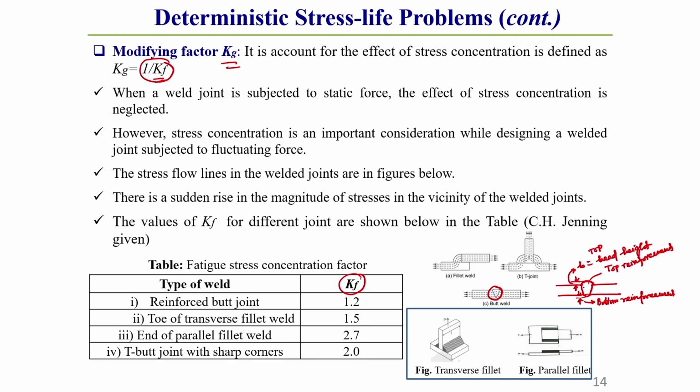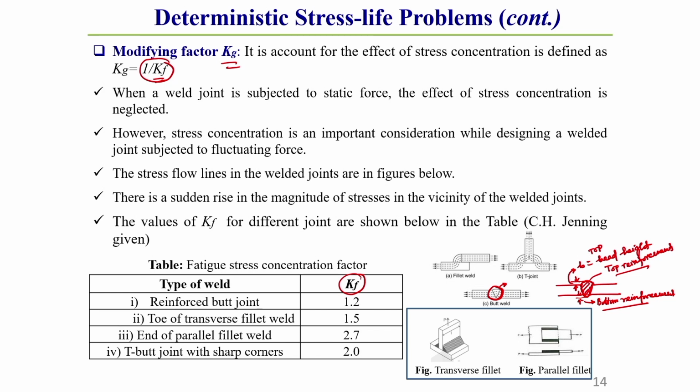So due to this top reinforcement and bottom reinforcement in this butt weld zone, here generally it is subjected to some stress concentration due to the abrupt change in this butt weld zone.